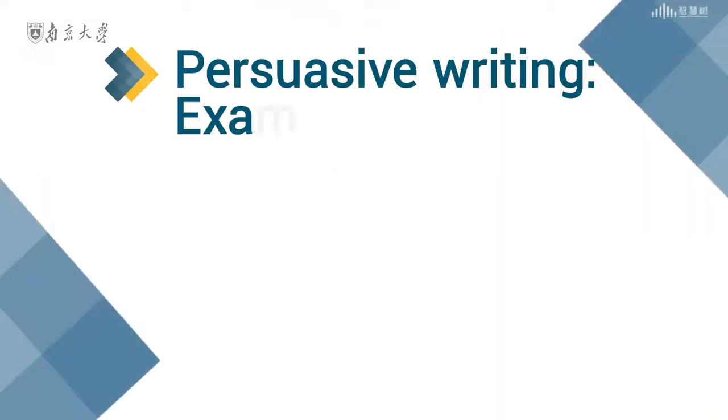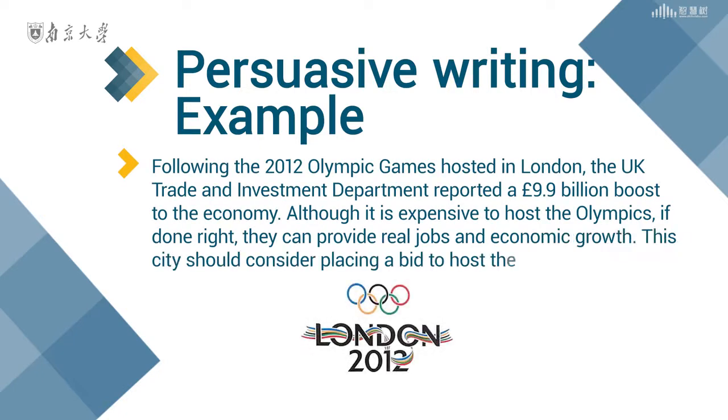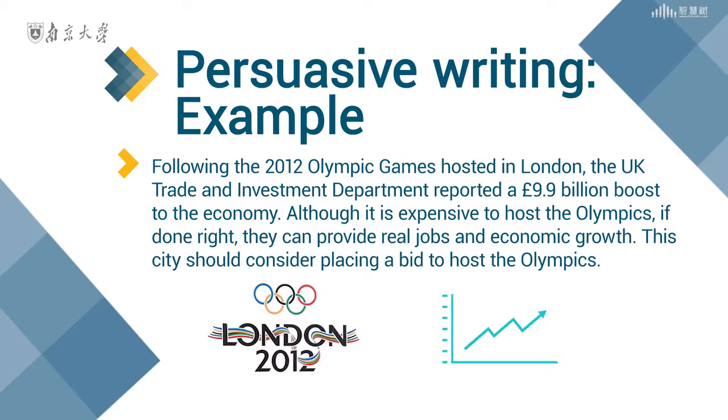And now we are going to have a look at an example of persuasive writing. Following the 2012 Olympic Games hosted in London, the UK Trade and Investment Department reported a £9.9 billion boost to the economy. Although it is expensive to host the Olympics, if done right, they can provide real jobs and economic growth.